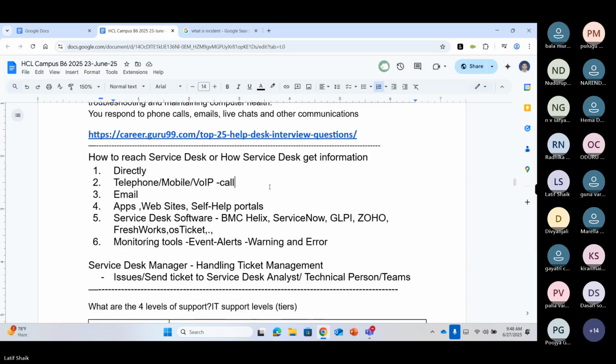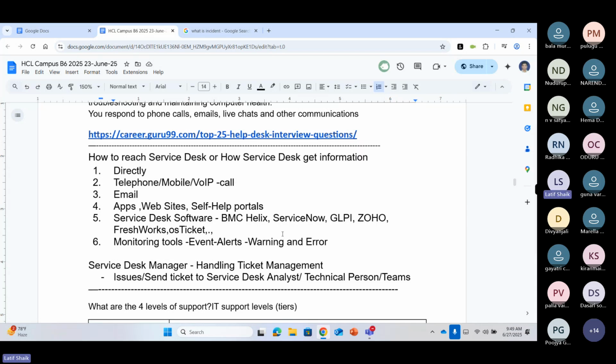How to reach service desk, or how service desk gets information. Two ways. How does a customer reach the service desk, or how does the service desk get requirements from the customers or from any other resources?